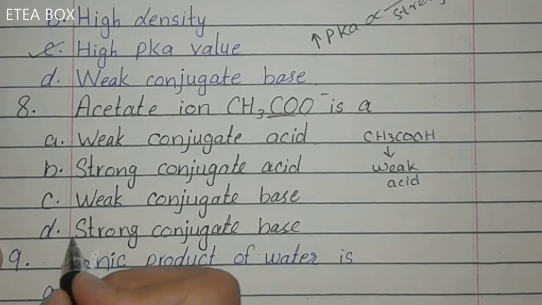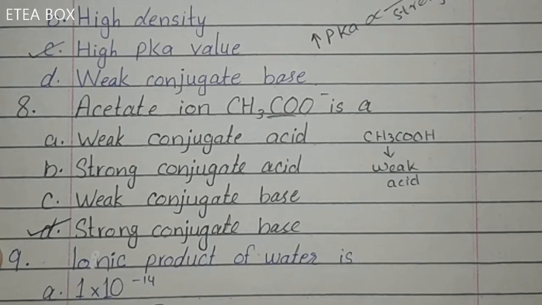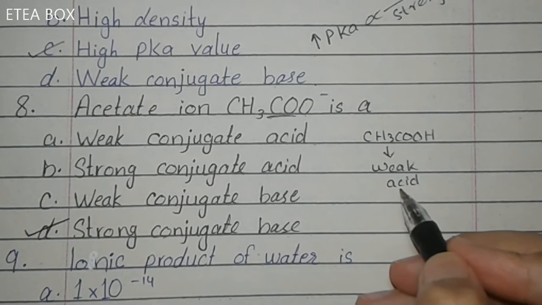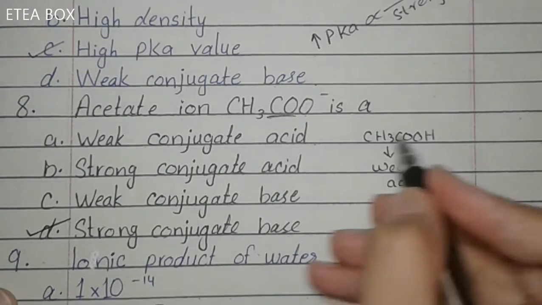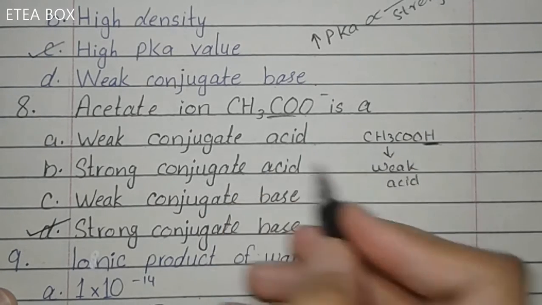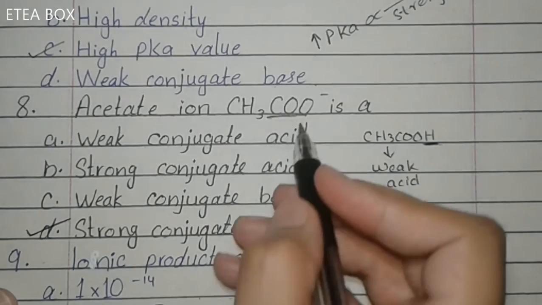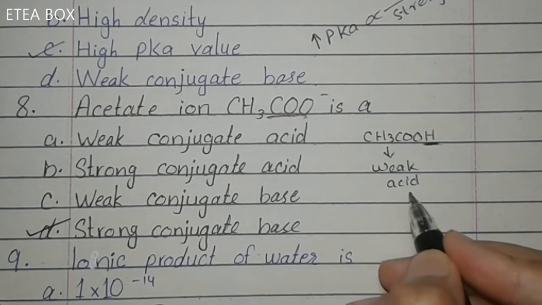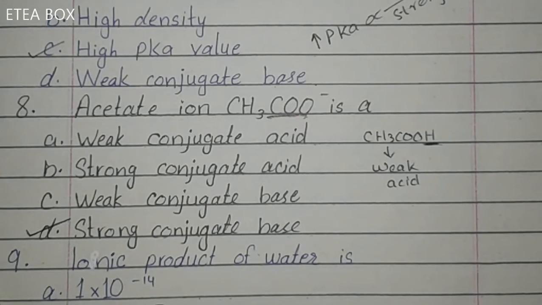Now look here, strong conjugate base. Here acetate ion came from a weak acid. When it lost one hydrogen, only acetate ion will remain and it will act as a base. We know that it came from a weak acid, so it will be a stronger conjugate base.